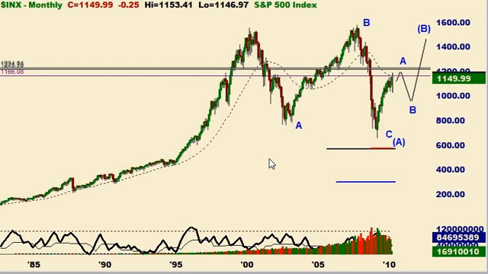Here's the S&P Cash monthly chart, and again, I count this entire decline from the 2000 peak as an A down, B up, and C most likely of a larger corrective pattern. The implication, the fact that we've basically put in one flat here, a flat being where C terminates just below the bottom of A, is that we are perhaps doing a double flat, or perhaps a triangle, something of that nature.